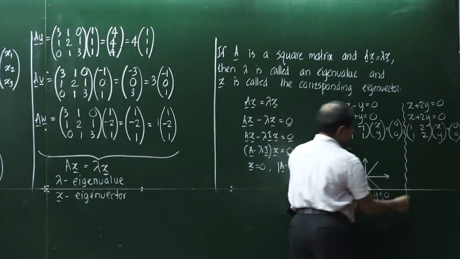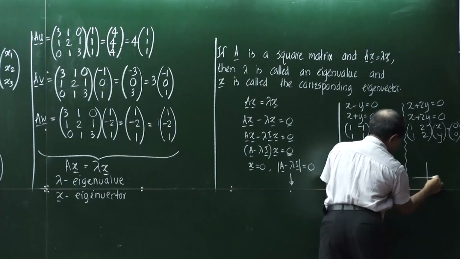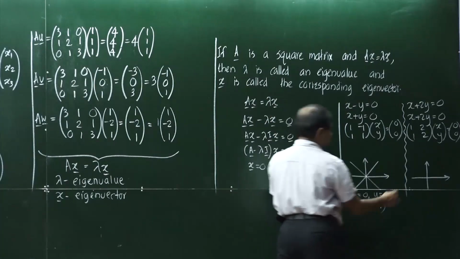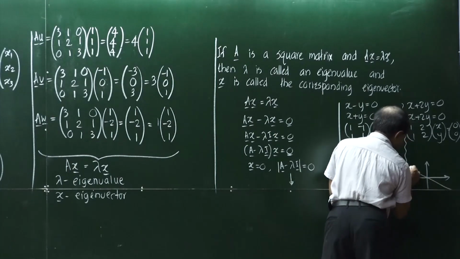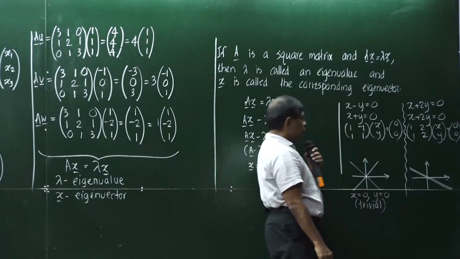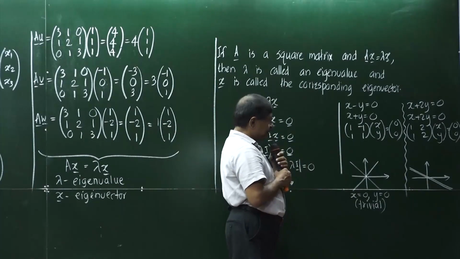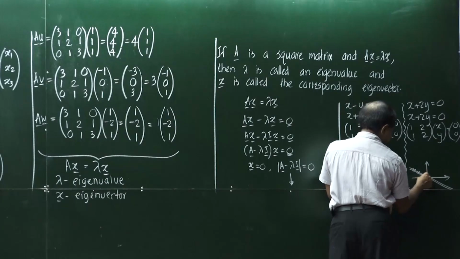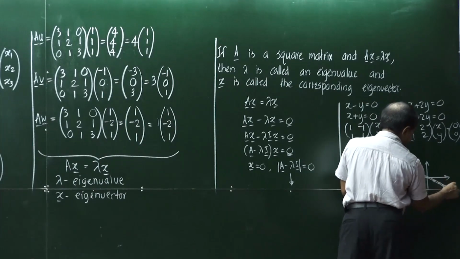If you try to find the solution graphically, x plus 2y, it will be like this. Both lines go on top of each other. So everywhere is a solution. There are infinite solutions. It's called non-trivial solutions.